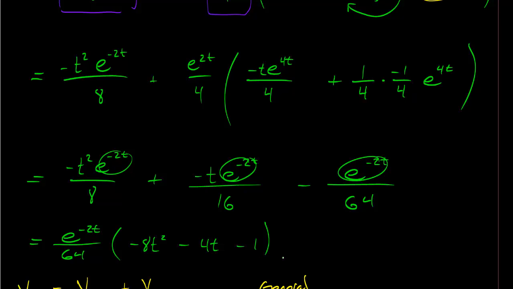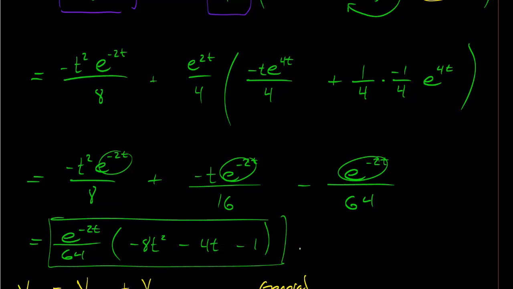And this is exactly the form of a solution that we would have guessed using undetermined coefficients. We would have guessed a quadratic polynomial times e to the negative 2t. But variation of parameters gave it to us all automatically. So here is a nice particular solution.